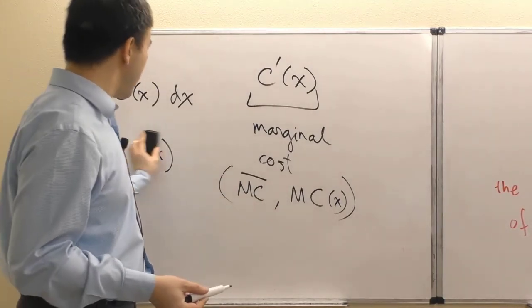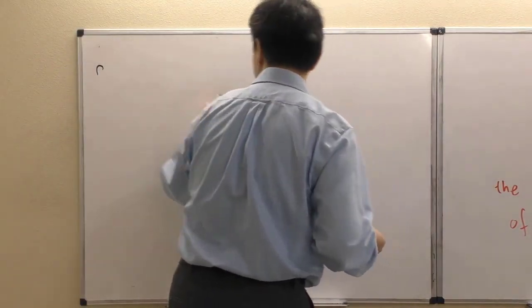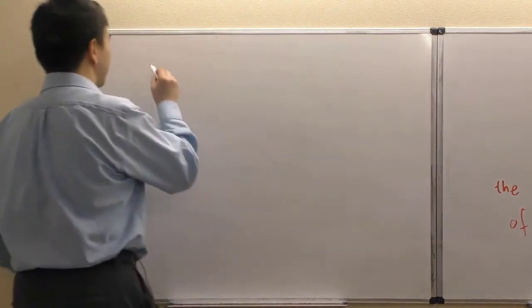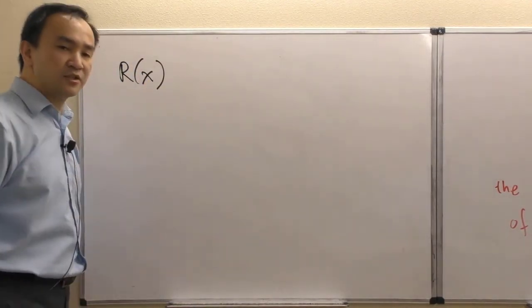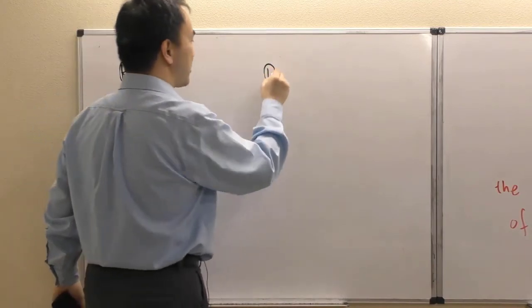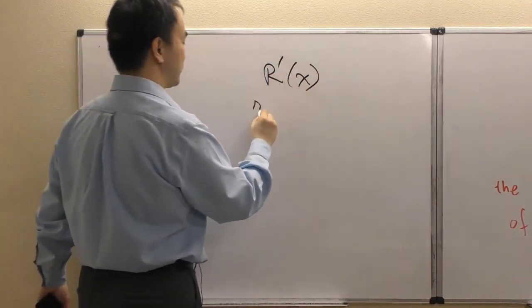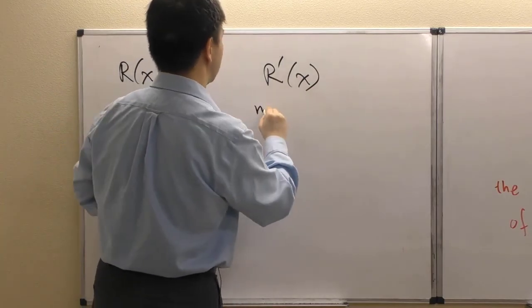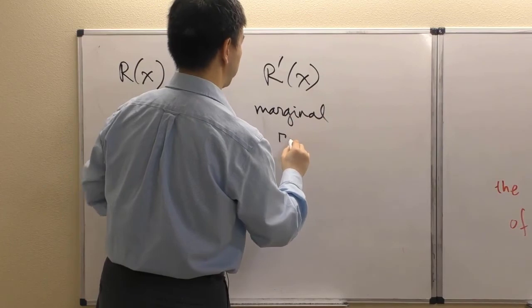And in the same way, we have already understood that revenue, as a function of units being sold, has R prime, the derivative of R, referred to as marginal revenue.